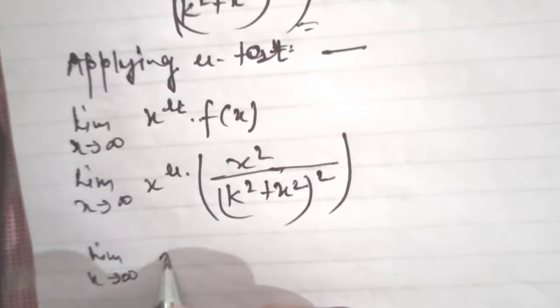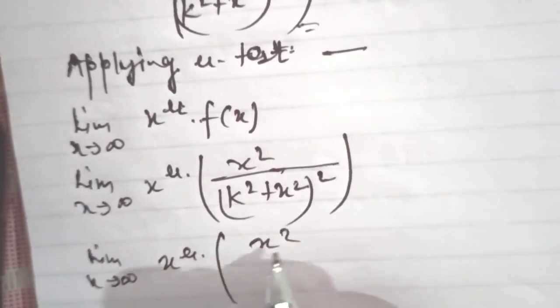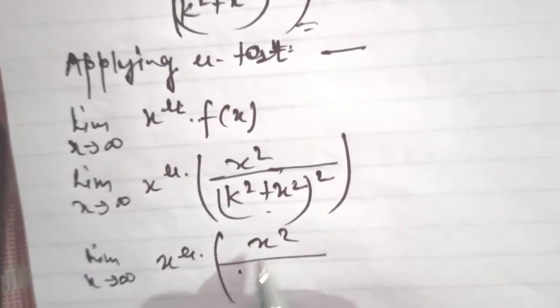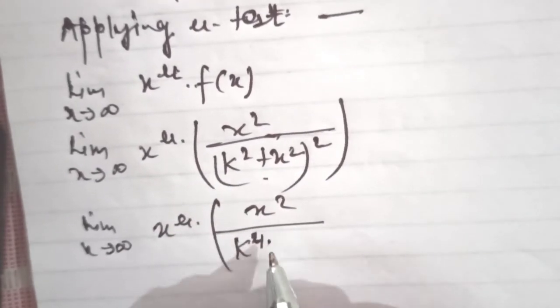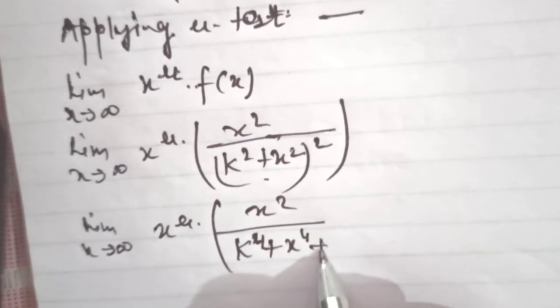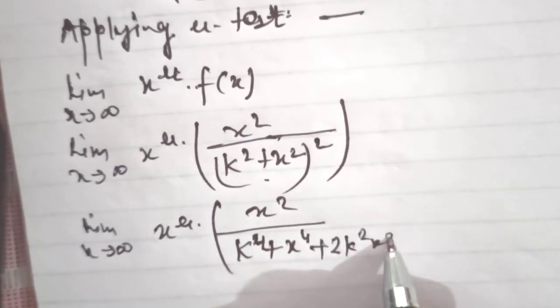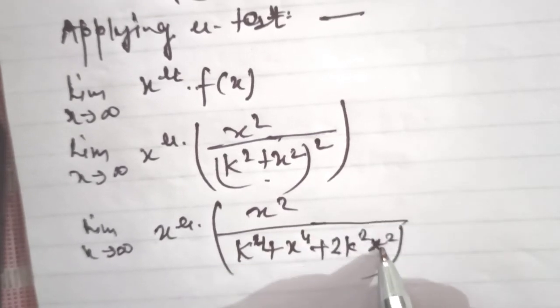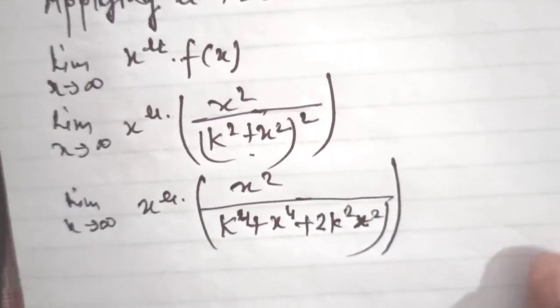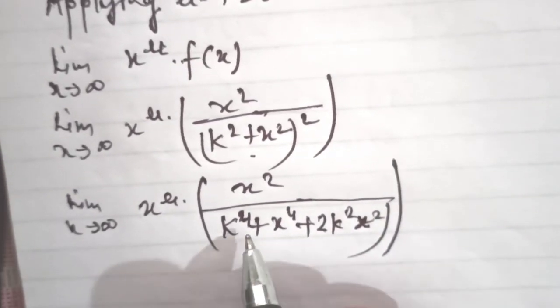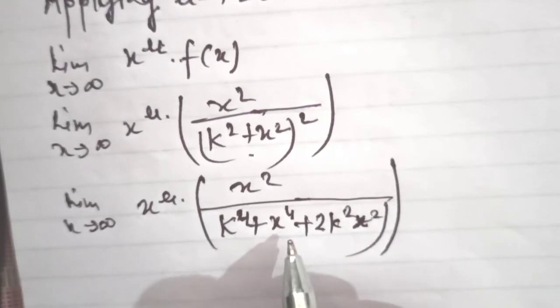Solve it. x square upon, open the whole square of a square plus b square, like k to the power 4 plus x to the power 4 plus 2 k square x square. This is in the denominator, and the whole square is opened.